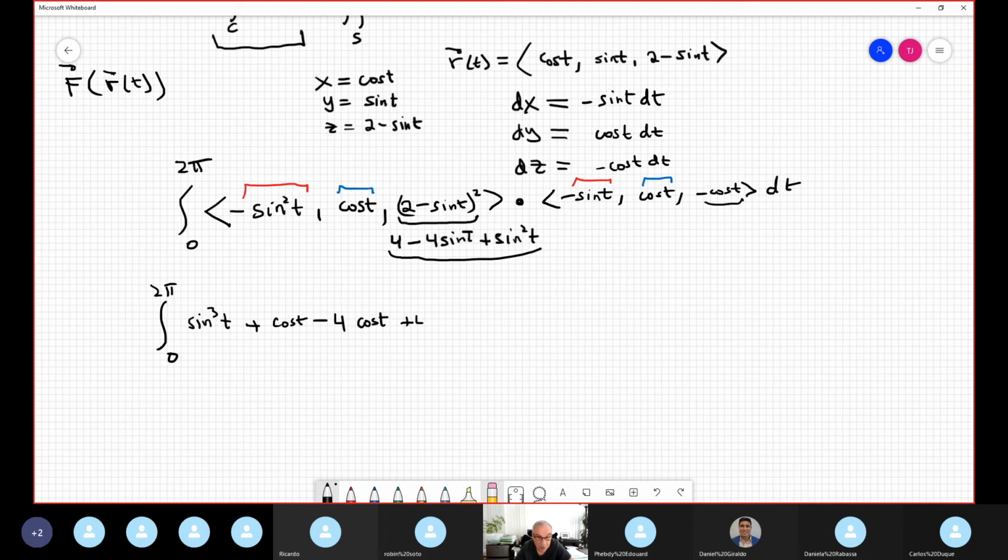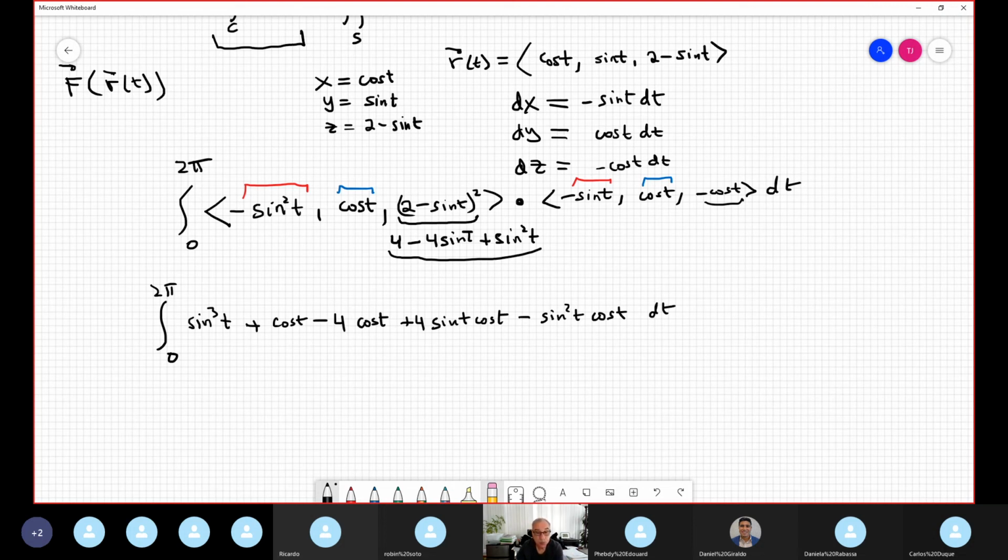Plus 4, but it is plus, yes, because minus times minus. Sin t, cosine t. Sin t, cosine t. Minus sine square t cosine t dt.